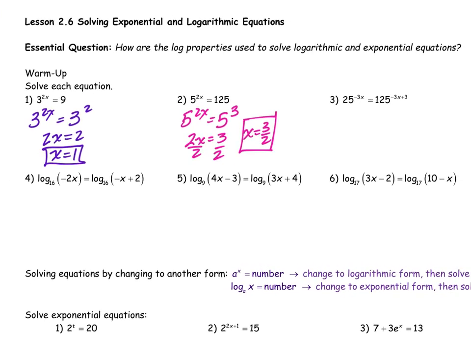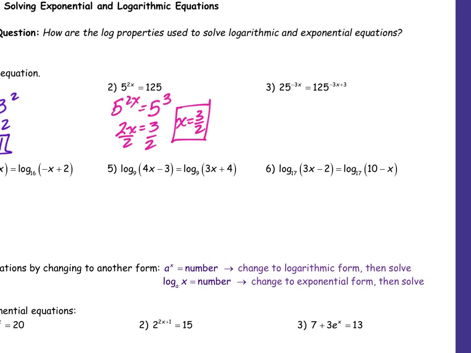Okay, and then the last one, I'm going to rewrite these as the same base again, as both of them have different bases. So I can rewrite 25 as 5 squared times negative 3x. And I can write 125 as 5 cubed times negative 3x plus 3.